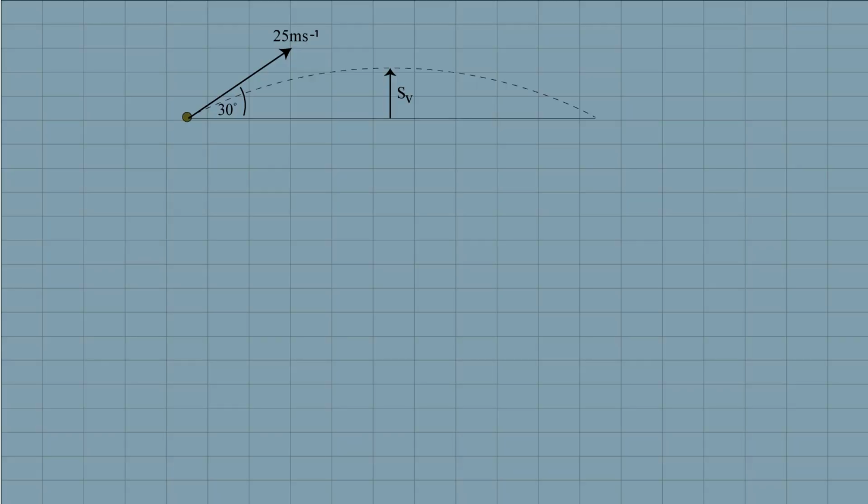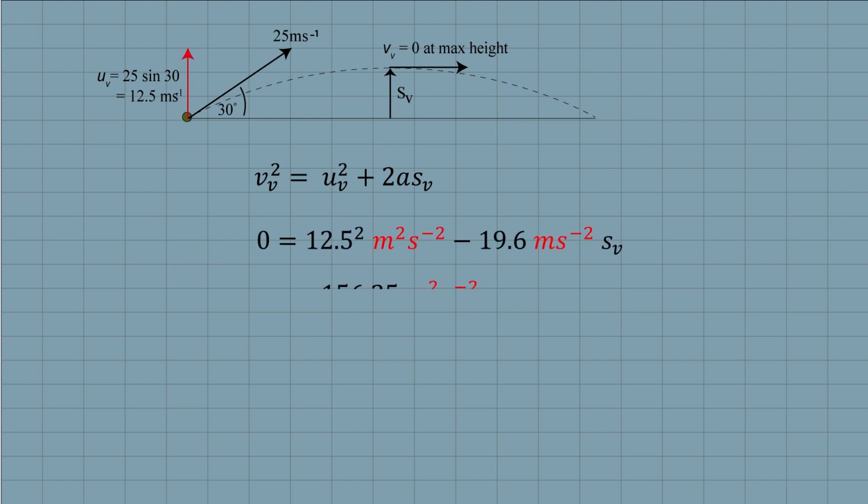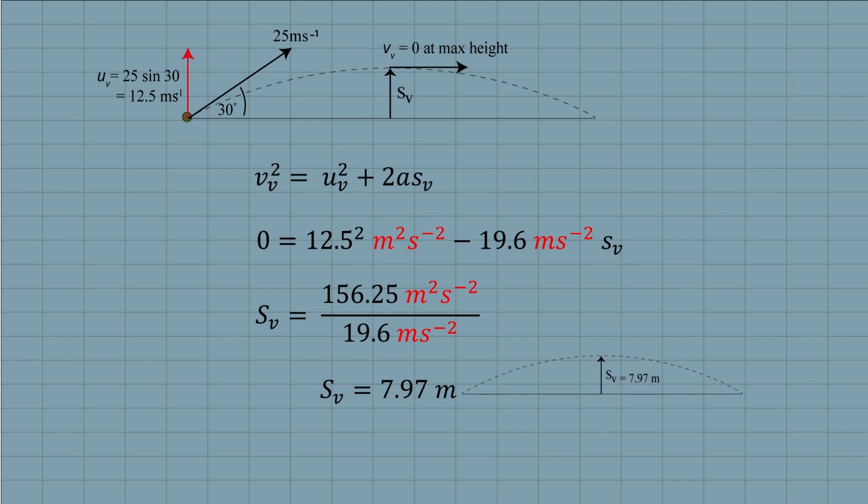Now u_v is its initial vertical velocity, and that is the vertical component of the 25 meters per second vector at an angle of 30 degrees to the horizontal, which of course is 25 sin 30, 12.5. Put all the values in and we get an answer of 7.93 meters, the maximum height the ball reaches.